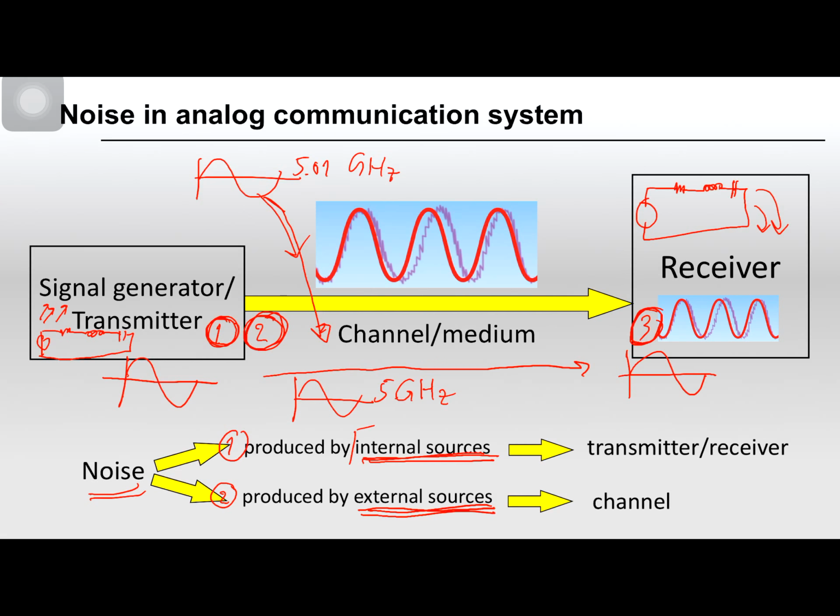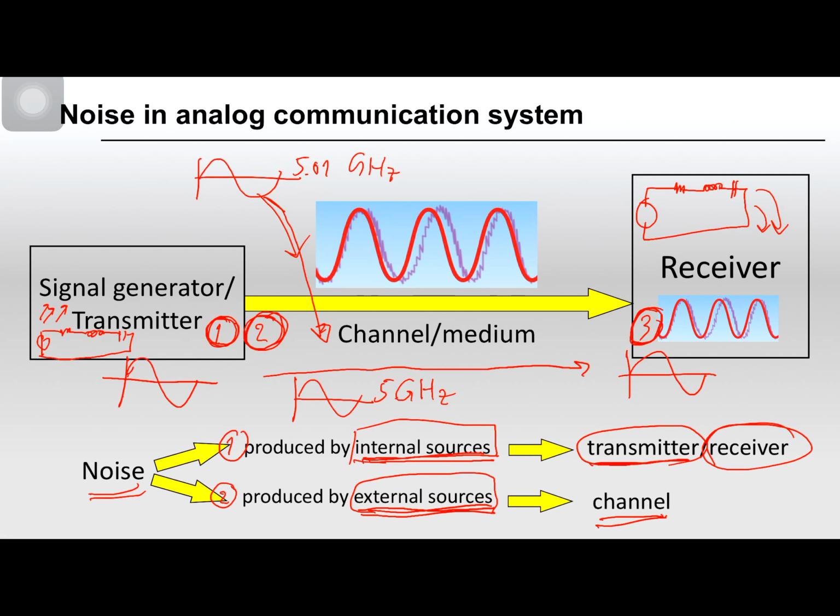And the noise generated by an internal source usually occurs at the transmitter or the receiver, but the noise produced by an external source usually occurs at the channel. Mostly the noise generated at the signal generator or the receiver can be easily eliminated by using the electronic circuit.